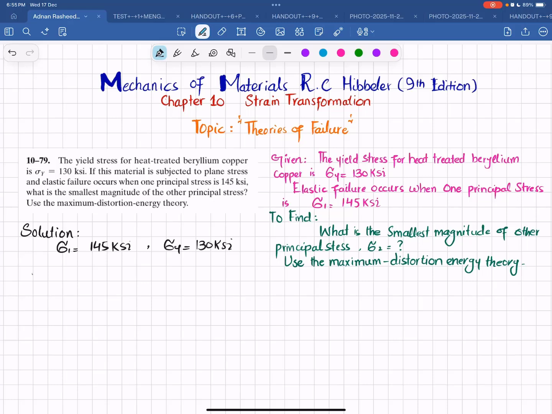So using the maximum distortion energy theory, which states that an object will yield or fail when the maximum distortion energy is reached, the equation is sigma 1 square plus sigma 2 square minus sigma 1 into sigma 2, equal to sigma yield square. Under this condition, this material will start yielding.